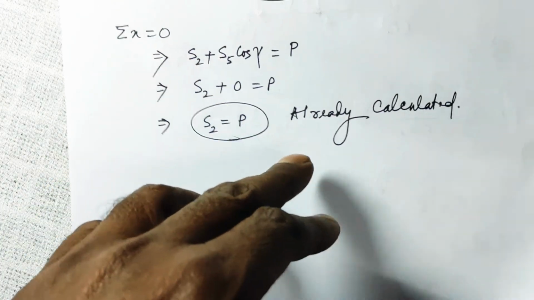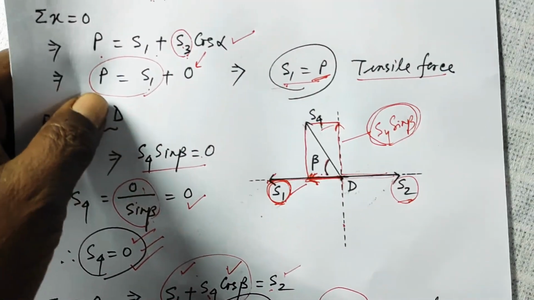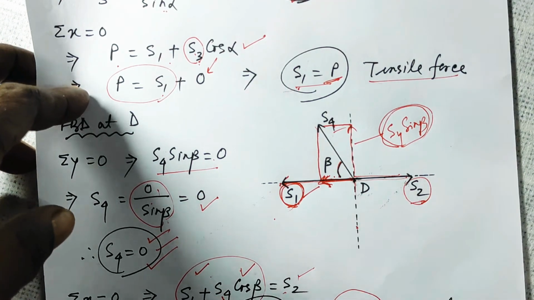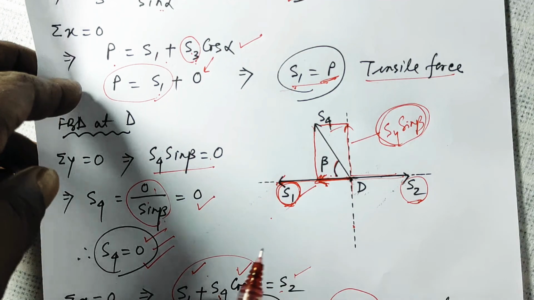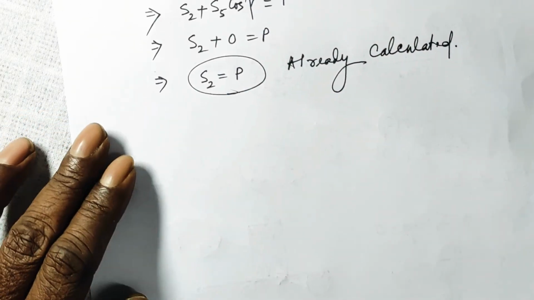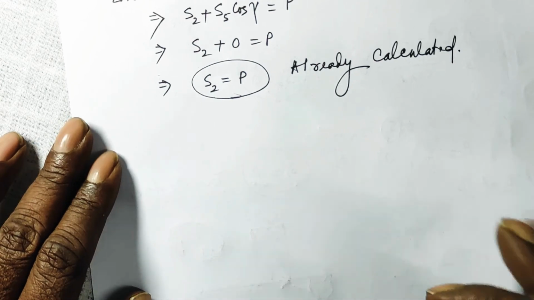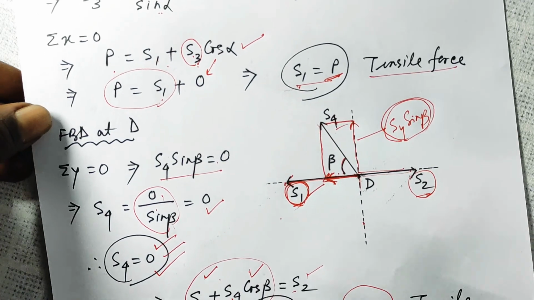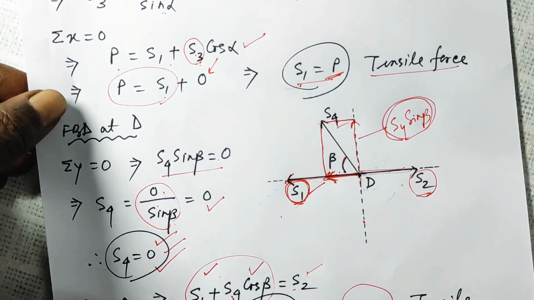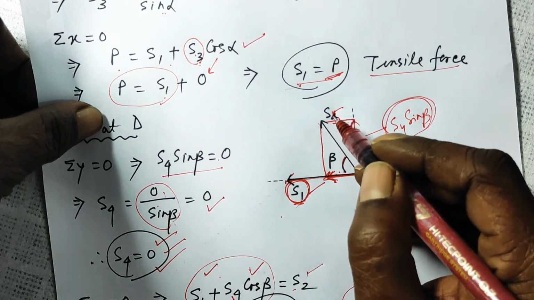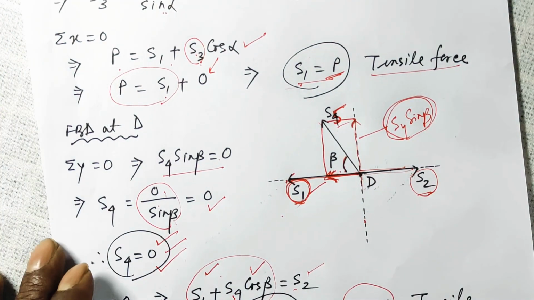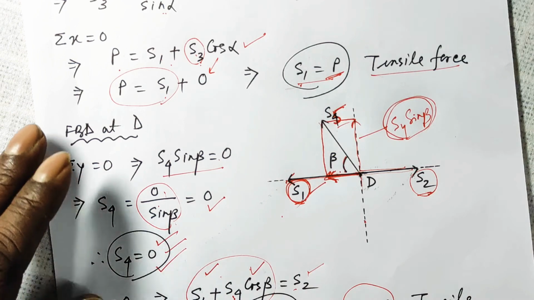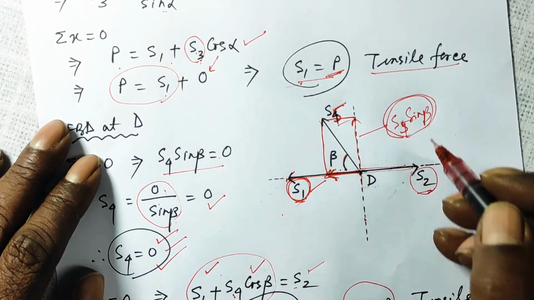Sorry, not beta, cos gamma, this angle is gamma. Let me check, sorry, this is not S4, this is S5. If you look at the diagram at point D, this is your S5. So, not S4, this is S5.